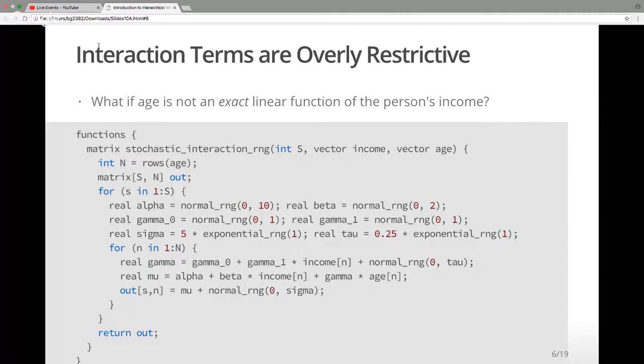Yes. So you could make tau be a function of income or age or whatever you want. Also, you could write this as gamma equal normal RNG, where everything here goes into the mean, and then there's just tau as your standard deviation, whether tau is a scalar, or something that varies from one group to the next, or from one individual to the next.